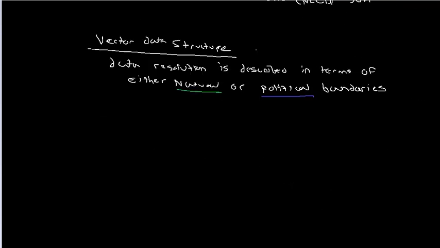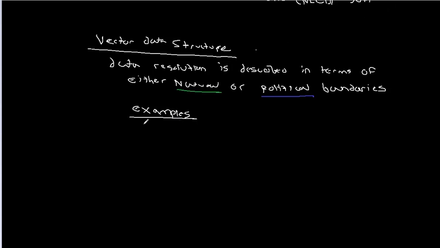A couple of really good examples of this. Say you were collecting population data for a given area, and you decided you were going to go to the US Census and get population values for each block in the area that you were trying to measure.